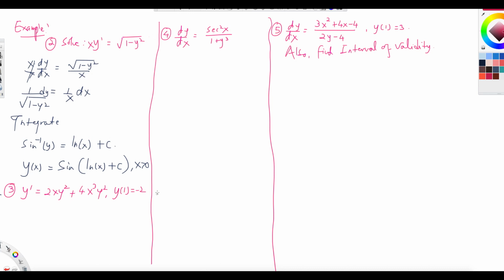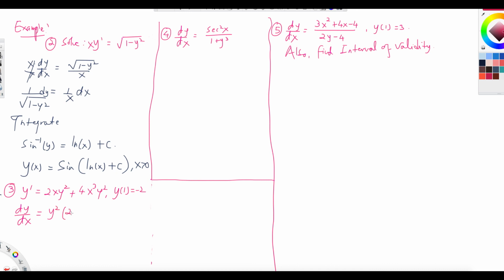We may not have enough space here, so I want to use this space too. Okay, so how do I first solve this? Let me write down the dy over dx form. You can write dy over dx equals, can we take y squared out?